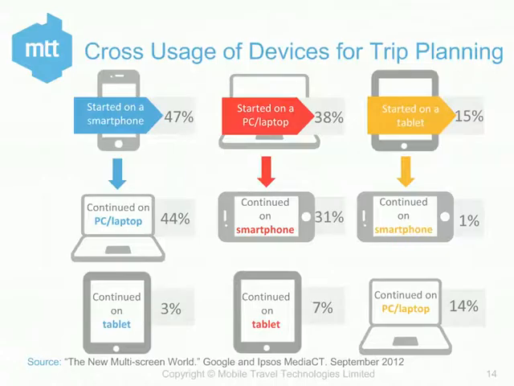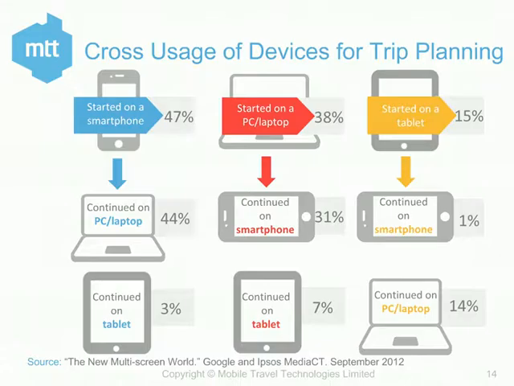Some data then from Google and Ipsos on cross usage of devices for trip planning. There are stats out there on the number of devices a traveler might use throughout their travel journey, and it's quite a mix. People are hopping from device to device, using smartphone and then PC and then tablet, or tablet and then smartphone and then PC.